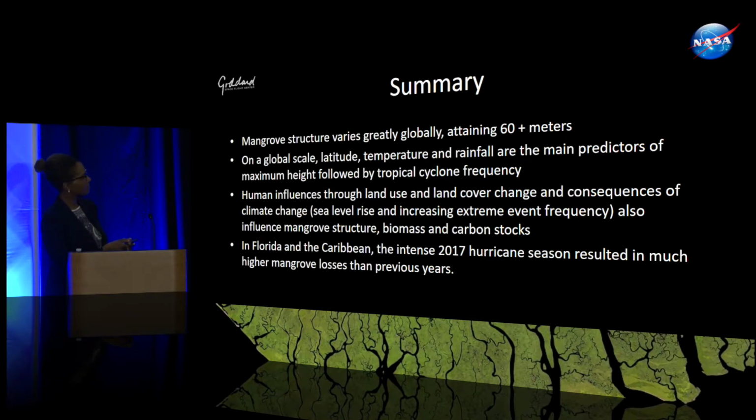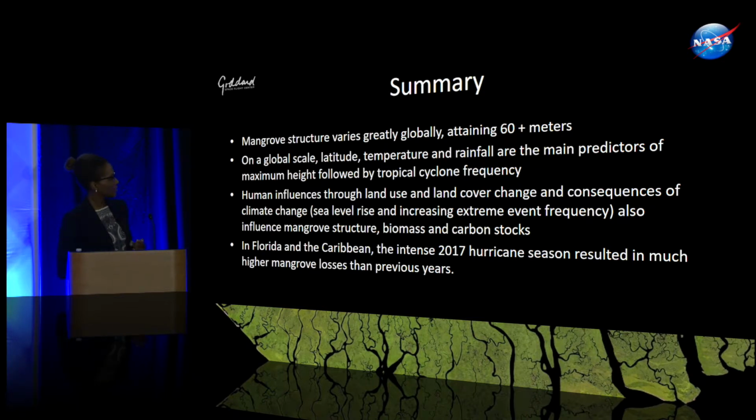Okay. All right. So in summary, we've shown that mangrove structure varies greatly globally, and we found that mangroves attain 60+ meters over time. And if we look at a global scale, latitude, temperature, and rainfall are shown to be the main predictors of maximum height, followed by tropical cyclone frequency.